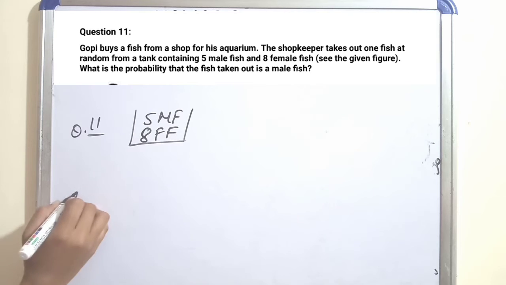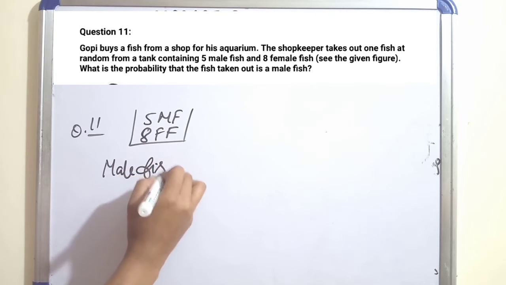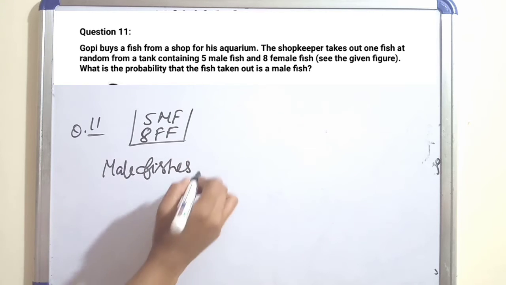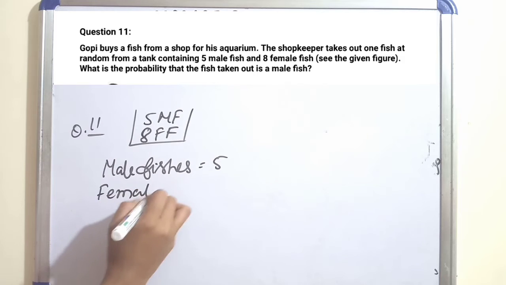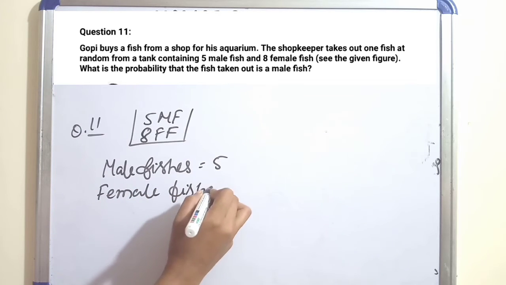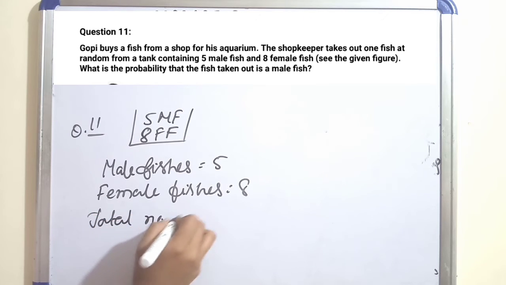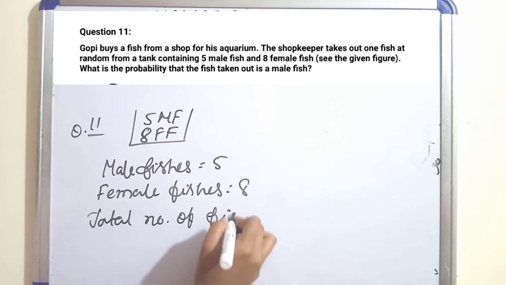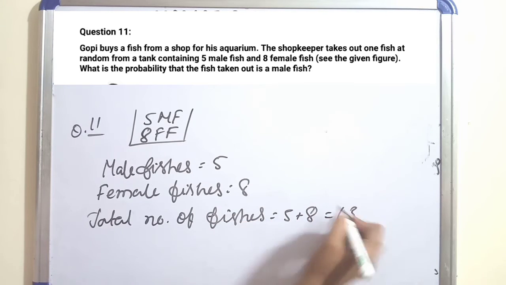So total number of fishes is equal to 5 plus 8, that means 13.